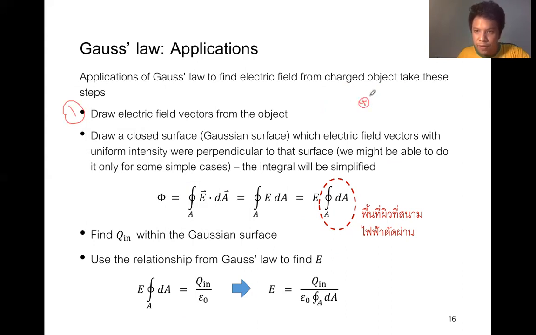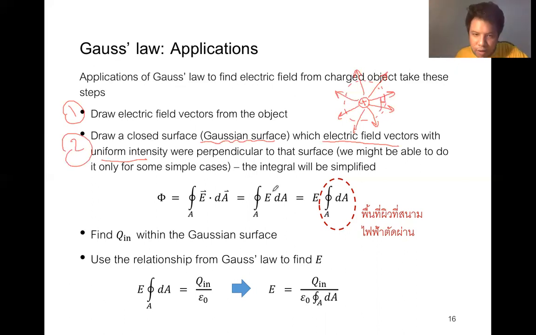If I have a charge, I draw electric field vectors, and then draw a closed surface, or a Gaussian surface. The special condition for the Gaussian surface to make the calculation easy is electric field vectors with uniform intensity. We can see from the spherical shape that it has uniform intensity, and the electric field should also be perpendicular to the surface.